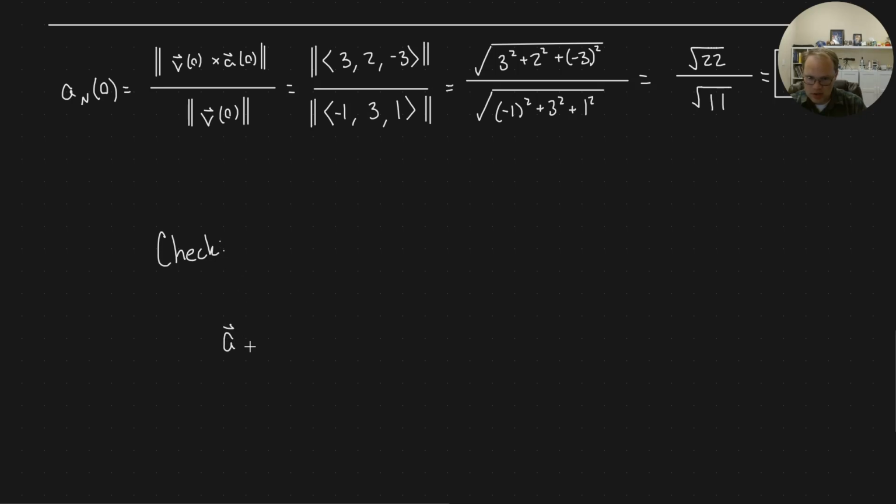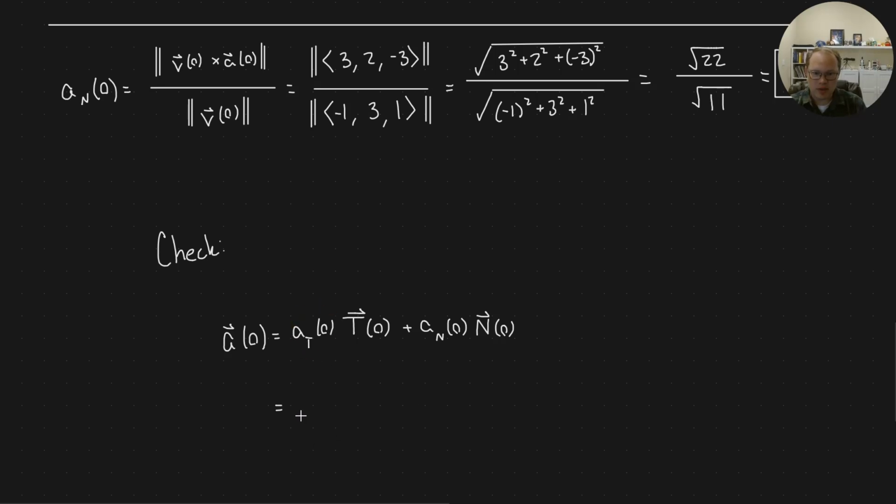Our acceleration vector at moment 0 should be our tangent component of acceleration at moment 0 times the unit tangent vector, plus the normal component of acceleration times the unit normal vector. Okay?